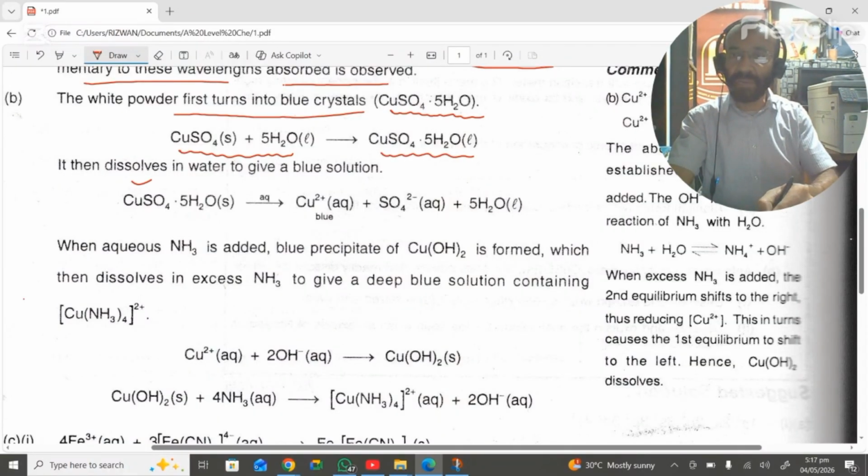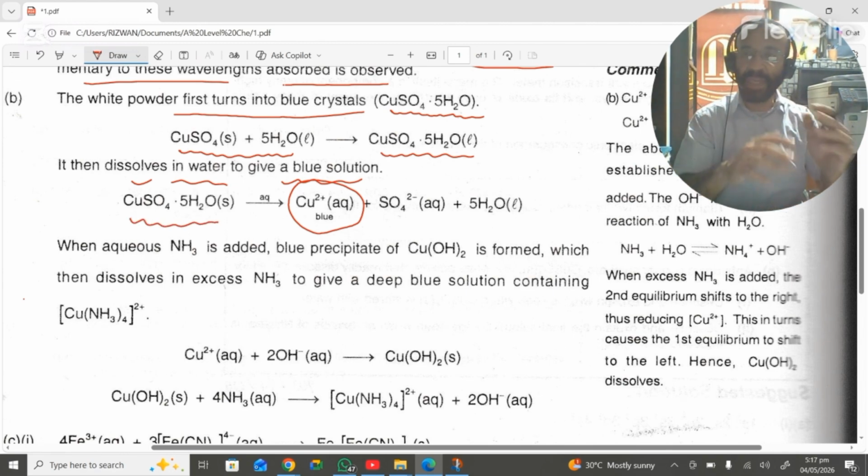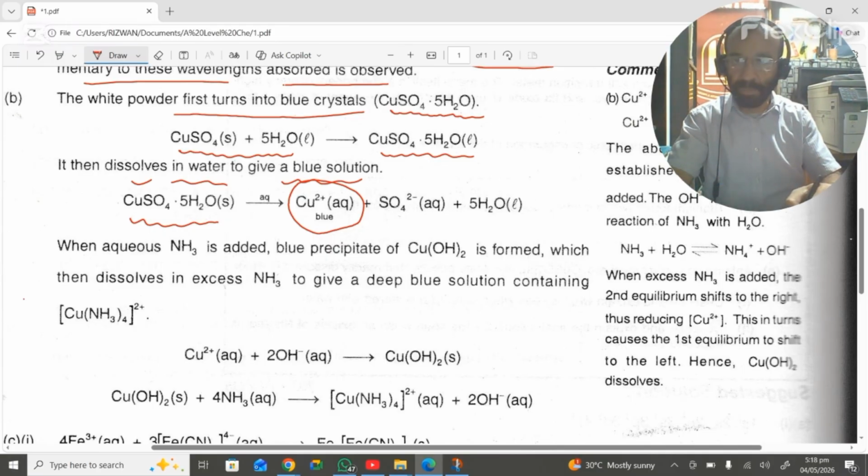It then dissolves in water to give a blue solution, and this blue solution is due to the presence of the copper ion. When the blue crystals are further added to the water, they dissolve, and copper ion, sulfate ion, and water molecules are formed.